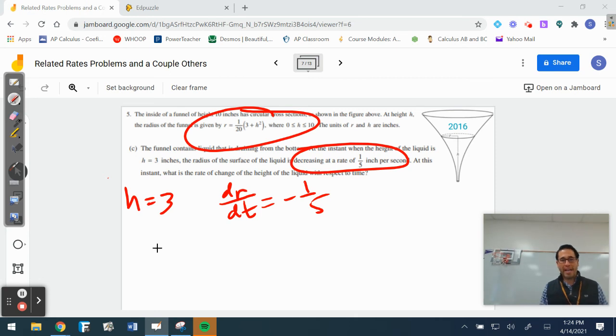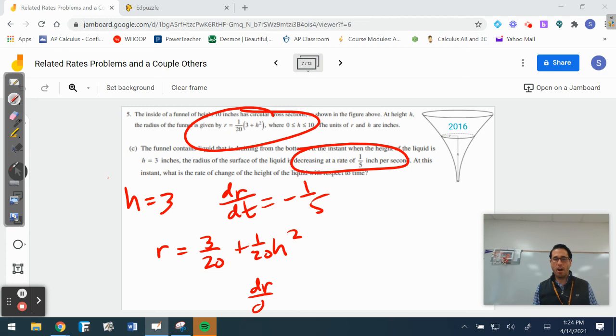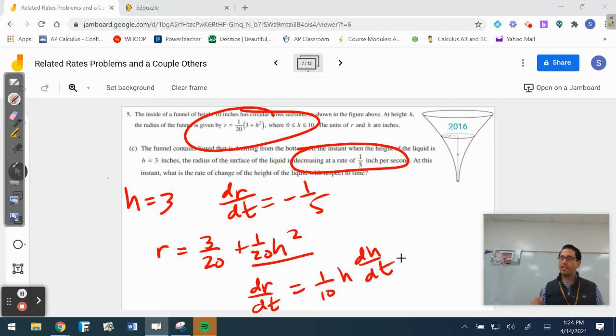Now you guys remember, I always encourage you to distribute before you take a derivative when it's easy. Okay, now I'm going to take a derivative. I get dr/dt equals 3 over 20 is 0. And then to take the derivative of this with respect to time, I'm going to drop that to h, and then it's going to be dh/dt, because remember, it will change.